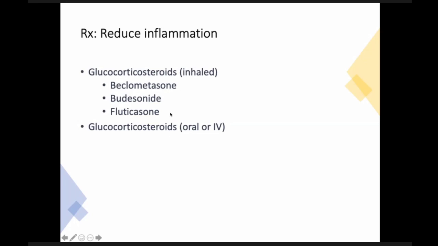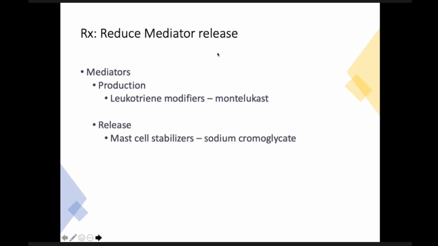Three types are available: beclomethasone, budesonide, and fluticasone. These are available as inhalers. To inhibit mediator release, we use leukotriene modifiers, such as montelukast, and the mast cell stabilizer, an example is sodium chromoglycate. This is used in pediatric practice, but not so much in adult practice.